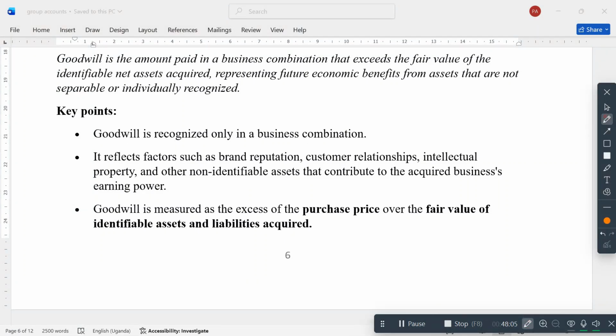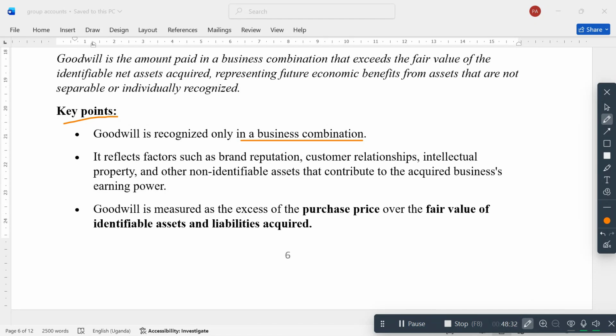Other assets. Key note here: goodwill is recognized only in a business combination. Yes, under IFRS 3. And when we are doing our consolidation, IFRS 3 and IFRS 10 are so important because they guide us on how we should handle it. IFRS 3 is used when we are handling the business combination, and that's where we shall find goodwill.